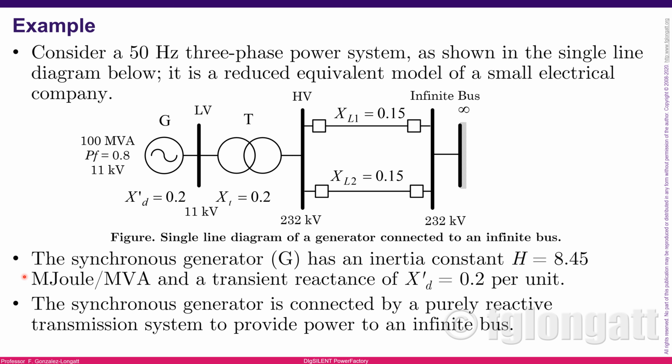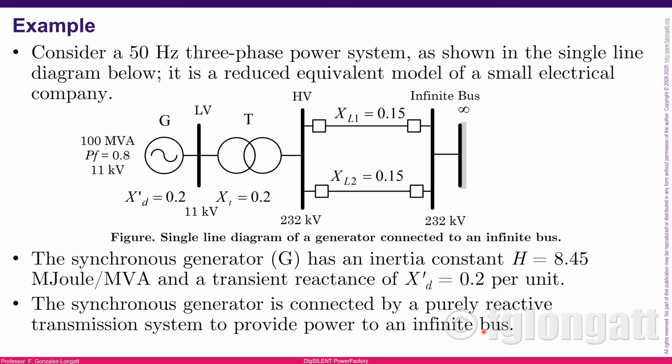If we go below the figure, you can see the synchronous generator G, this unit here, has an inertia constant of 8.45 megajoule per MVA, okay? And the transient reactance, it's already defined in the figure, but let's say again, the transient reactance is equal to 0.2 per unit. And the synchronous generator is connected by a pure reactive transmission system to provide power to an infinite bus bar.